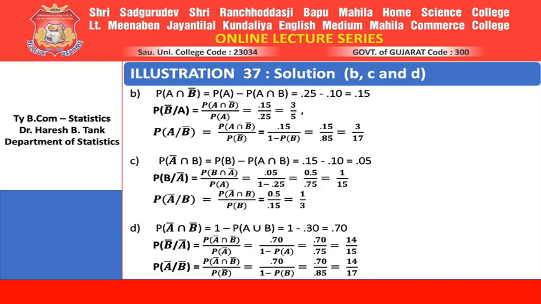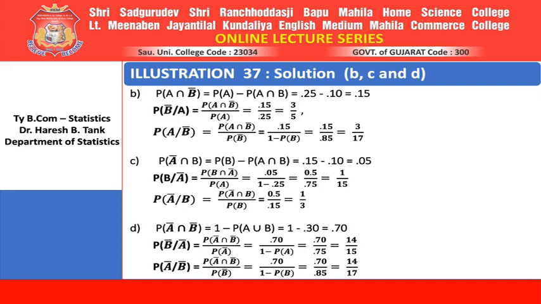Next one is probability of A complement where it is given that B already occurred. So this comes to probability of A complement intersection of B divided by probability of B. Probability of A complement intersection of B, that is what we found, which is 0.05, divided by probability of B. Probability of B is 0.15.